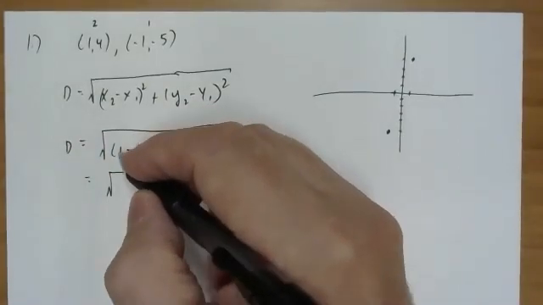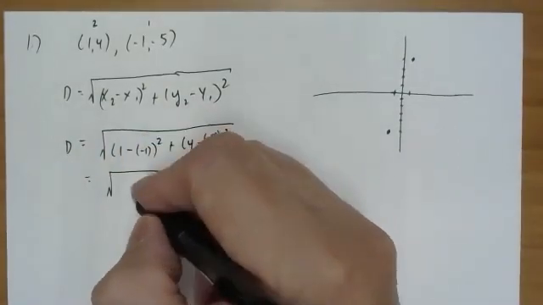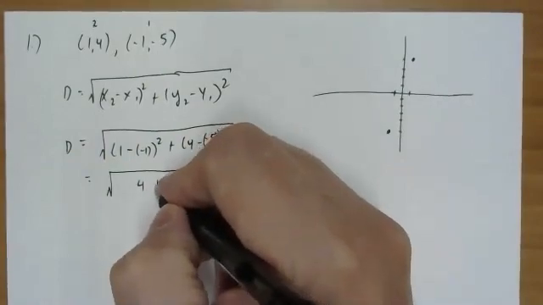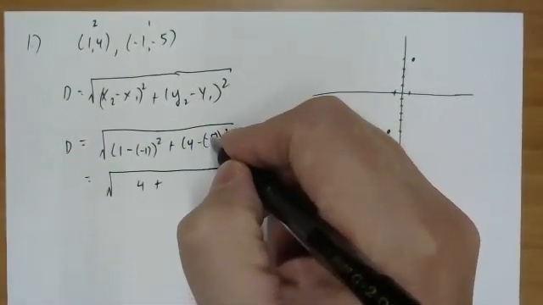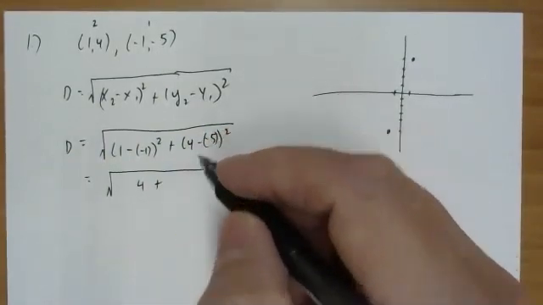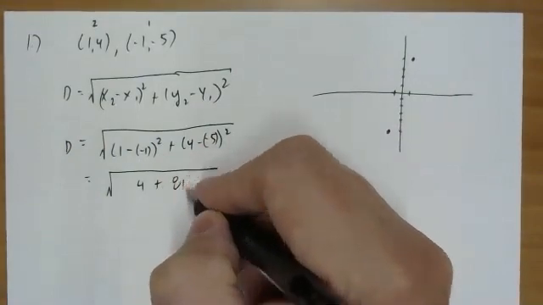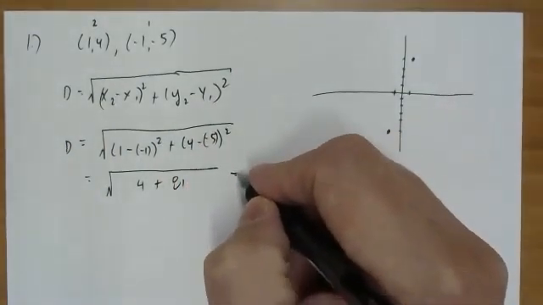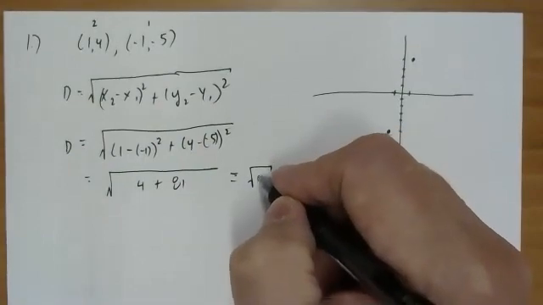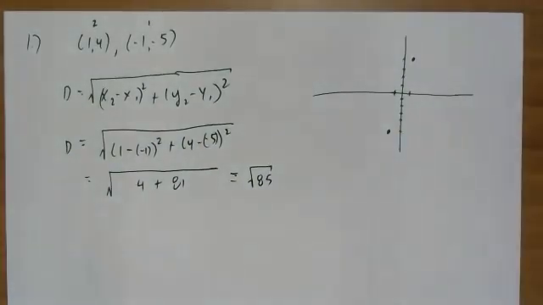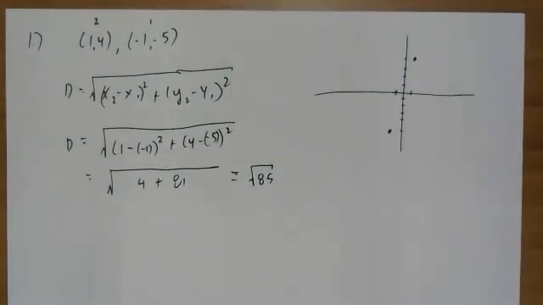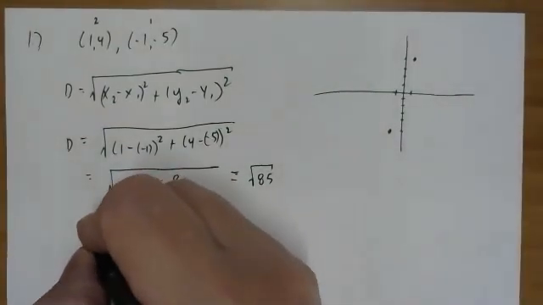One minus the -1 is 1 plus 1, which is 2. 2 squared is 4. 4 minus the -5 is 4 plus 5, which is 9 squared, which is 81. Looks like the distance is square root of 85. And that is correct.